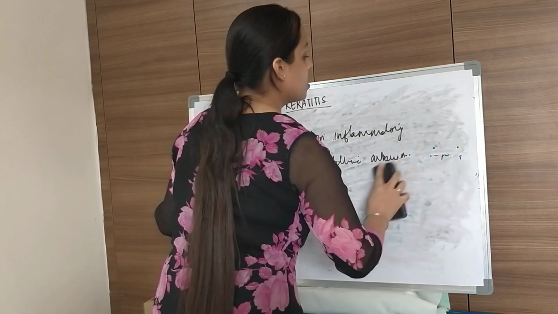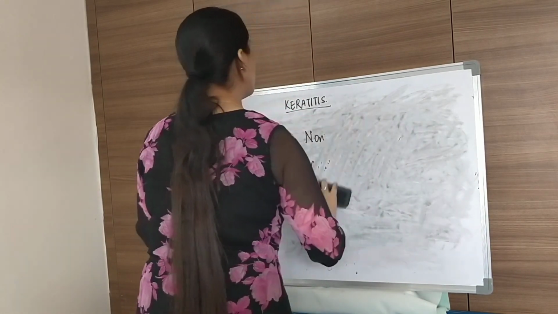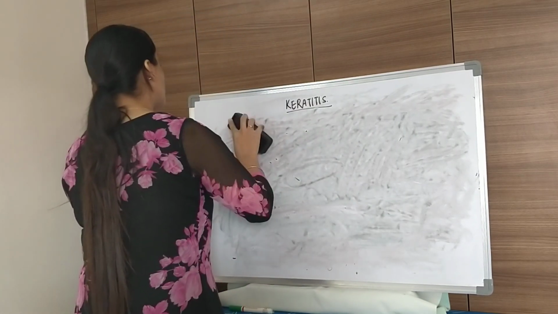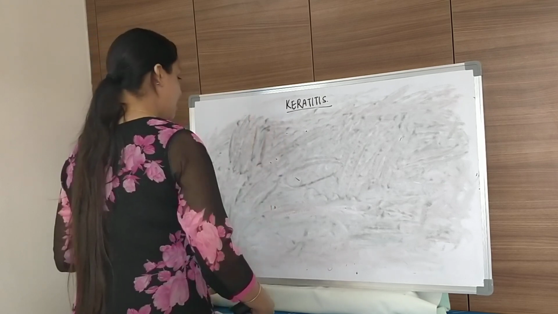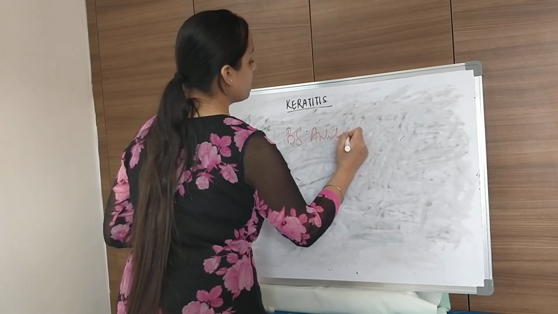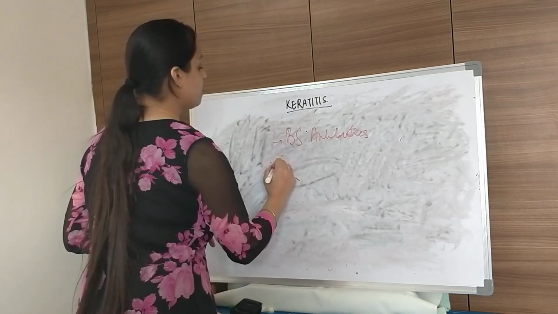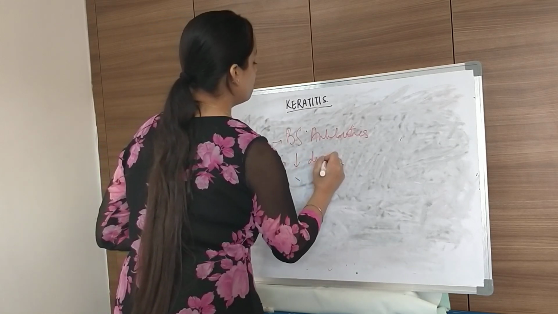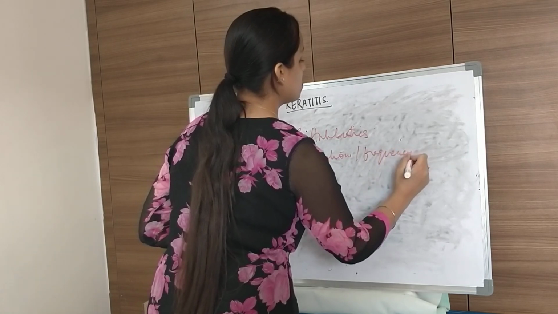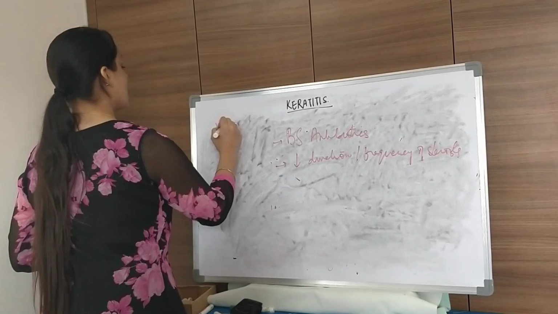Treatment is very tricky because it usually does not respond very well, and because of the recurrence and because of the scarring, you anyway have to go for a keratoplasty, but still a trial can be given with broad spectrum antibiotics for a very long time, depending upon the response, and you have to reduce the duration and frequency of steroids. Okay, and that is how you will be able to treat this ICK.